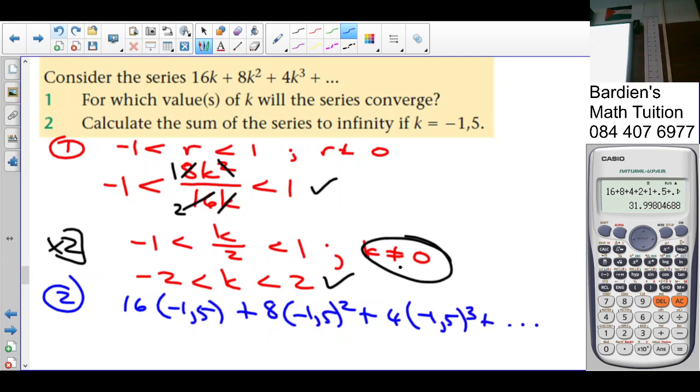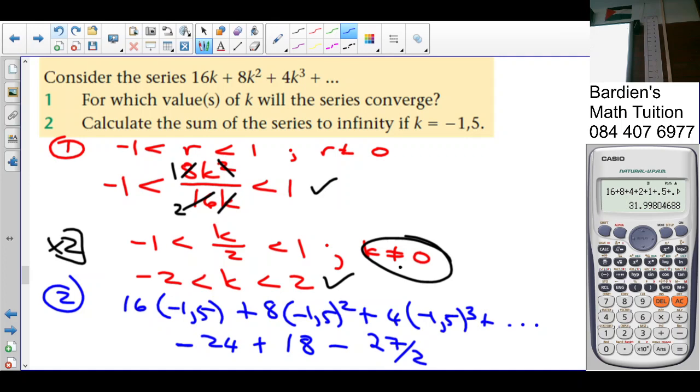So this would be what? 16 times 1.5 is negative 24. Negative 1.5 squared is 9 over 4 times 8 is 18, positive. The next one of course has to be negative. It's 27 over 8 times 4 is 27 over 2. Is that correct? Yes?